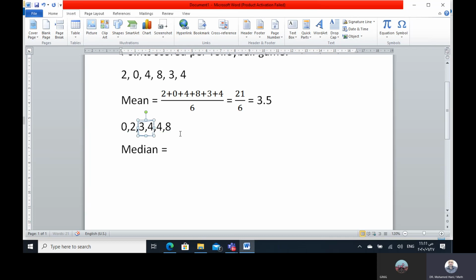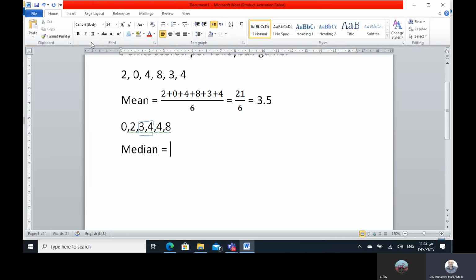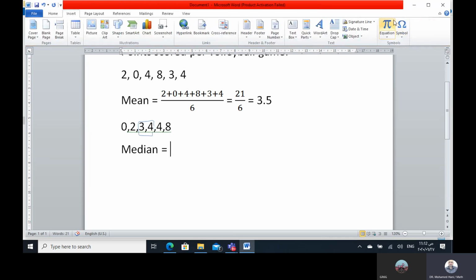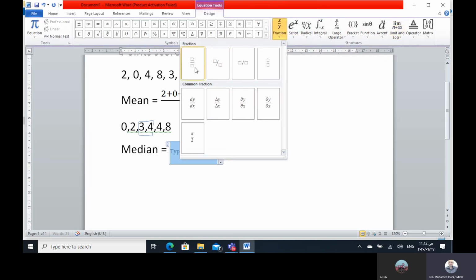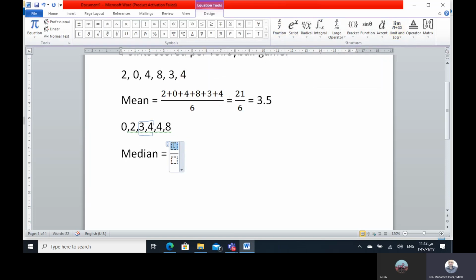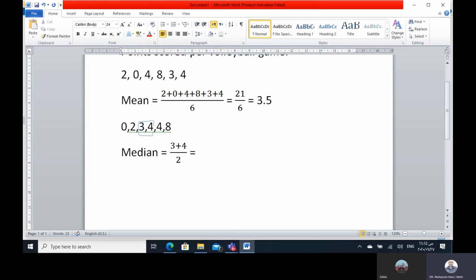So take the 2 numbers, 3 plus 4 divide by 2. 3 plus 4 will be 7. 7 divided by 2 will be 3.5. So this is the median.